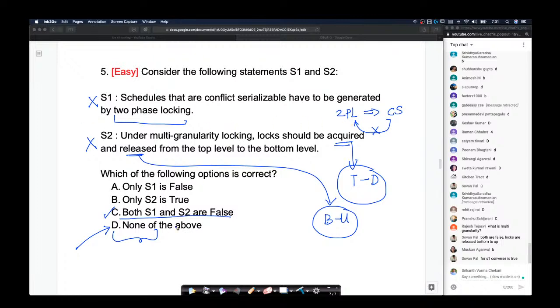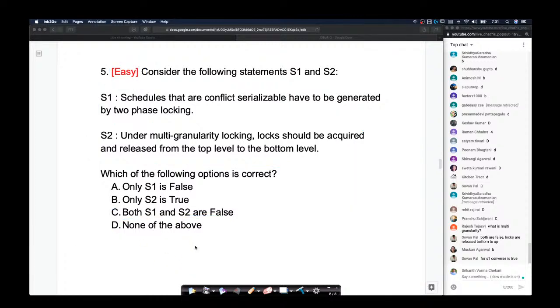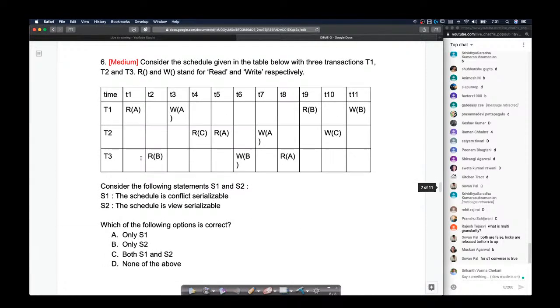That's why we mark this question as easy, because if you know the definitions, this is straightforward. Typically, questions like this can be asked for 1 mark in GATE. Okay, so let's go to the 6th question now.